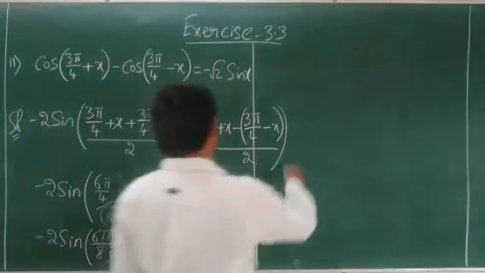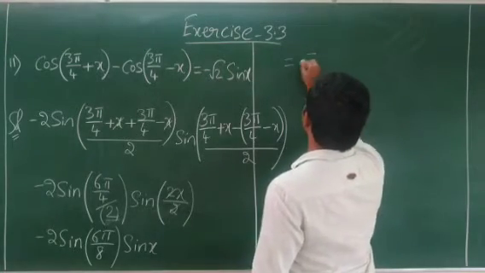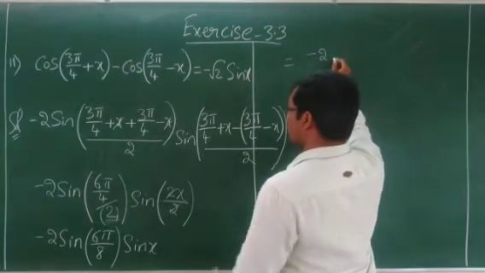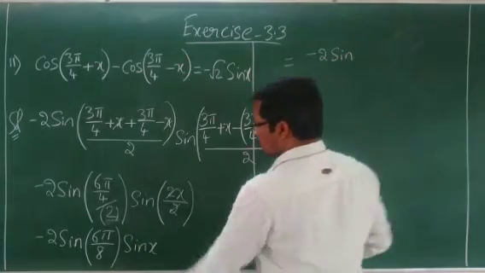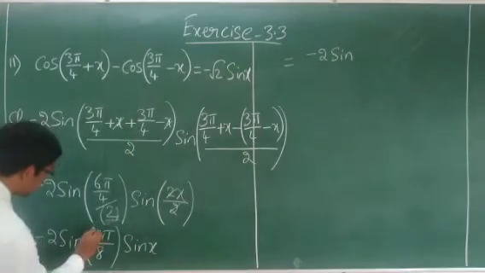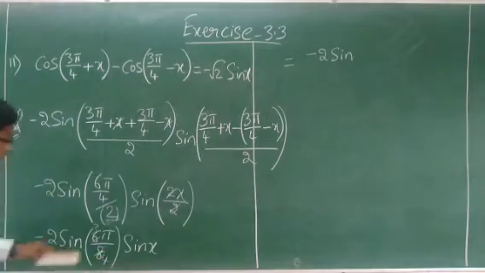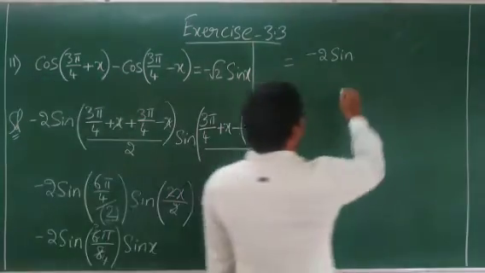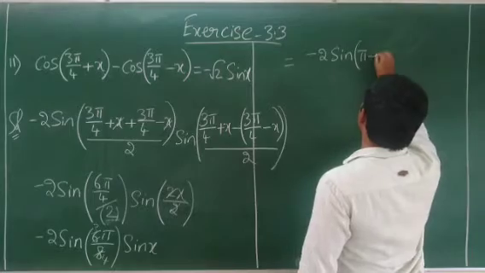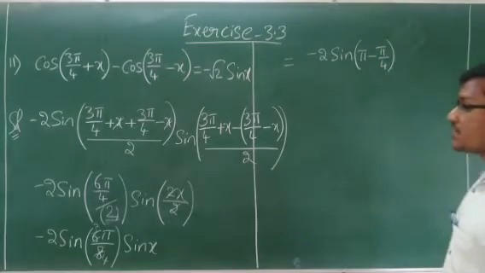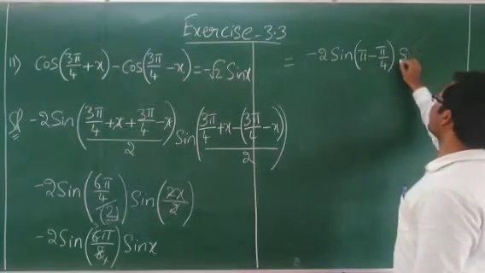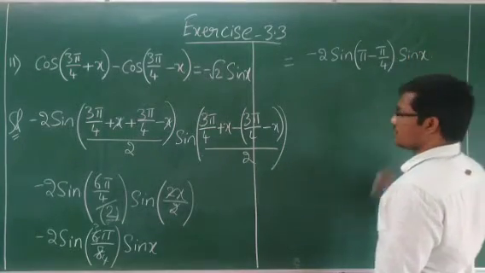If we simplify that, we get minus 2 sin of 3 pi by 4 into sin x. 3 pi by 4 can be written as pi minus pi by 4.